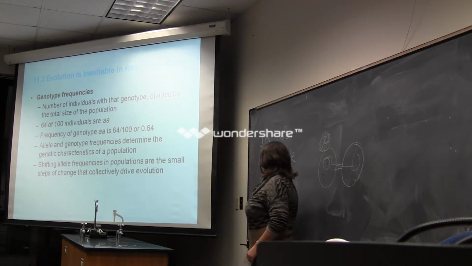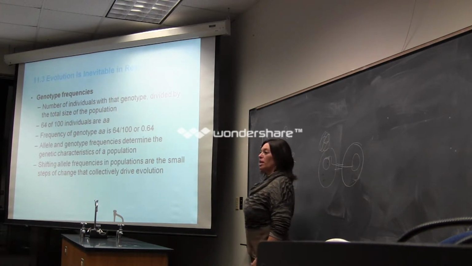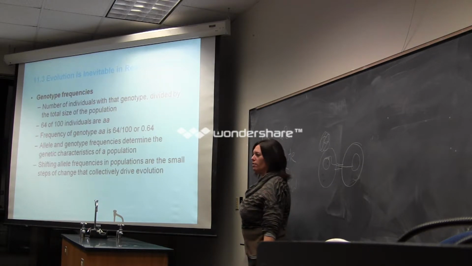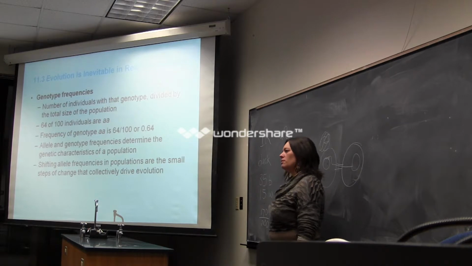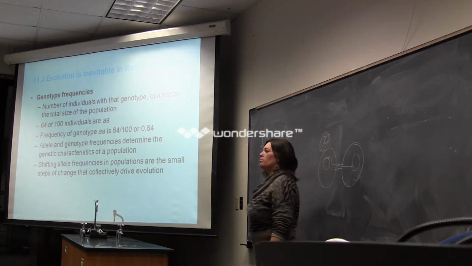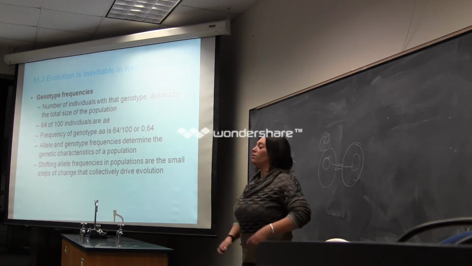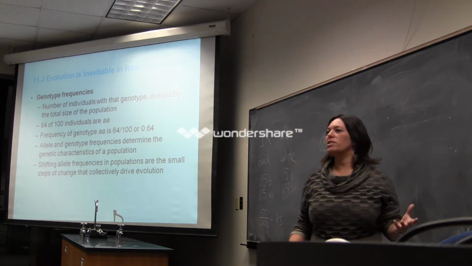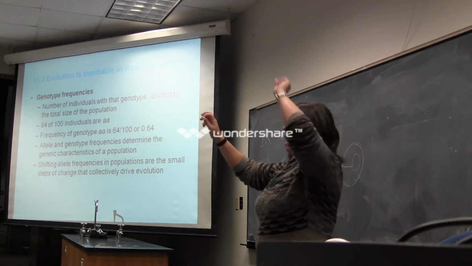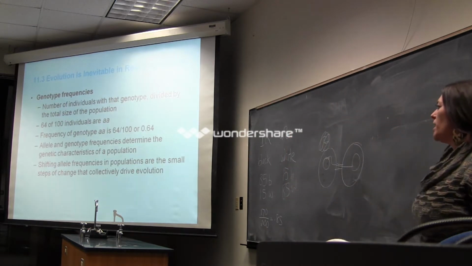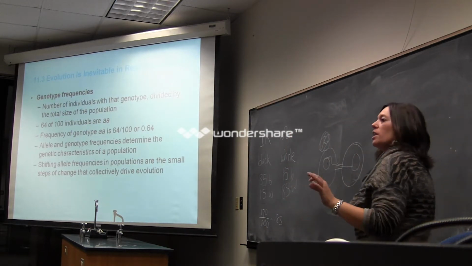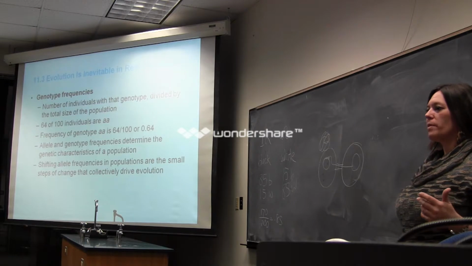So if you want to do it like we did here, you would just double the number of individuals you're looking at, so 175 over 200, but it's still going to go back to being 0.875. So it's a fraction, that's all it is. The allele frequency, you're looking at the total population of alleles and how many is this versus how many of this. And so this evolution is based on these shifting allele frequencies over time.